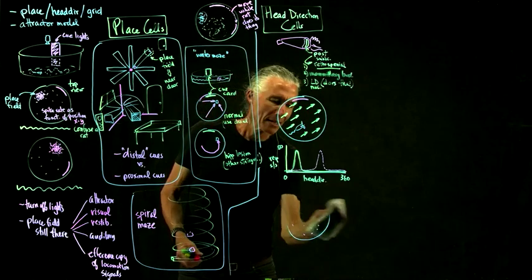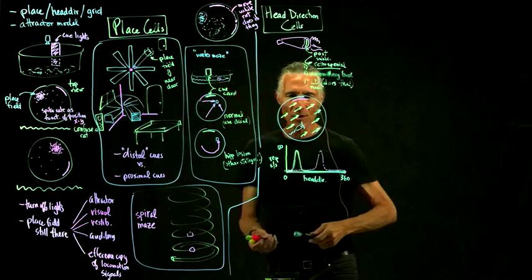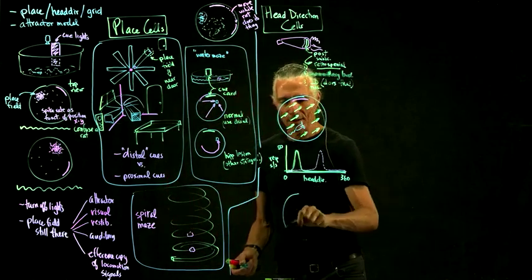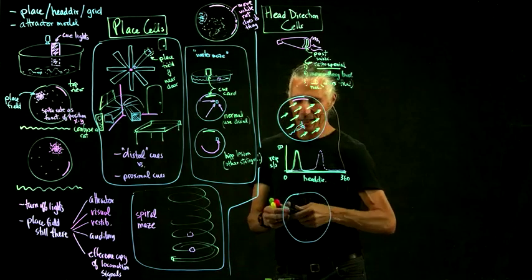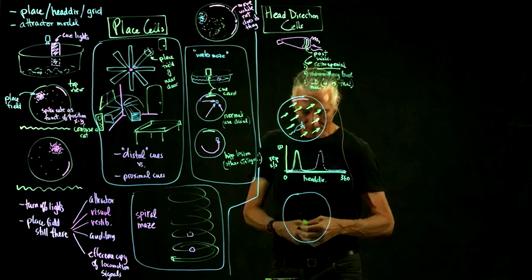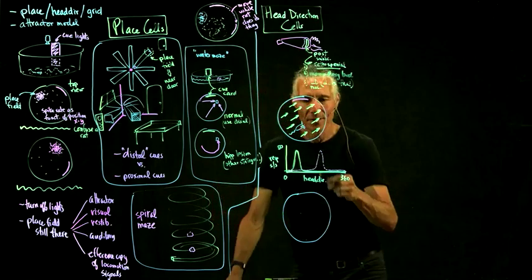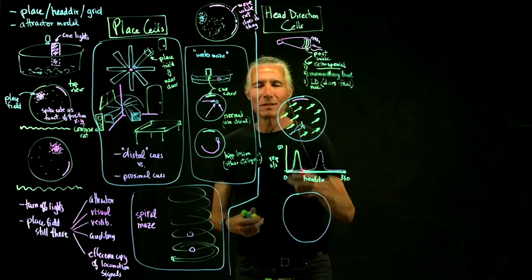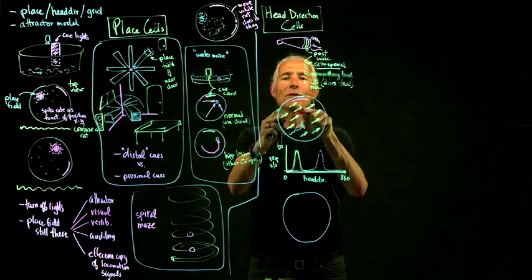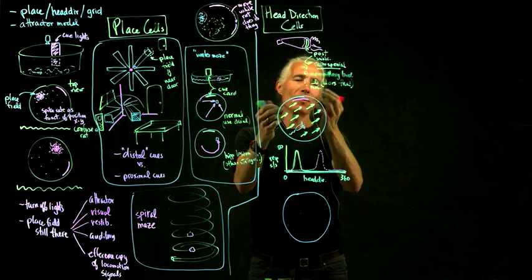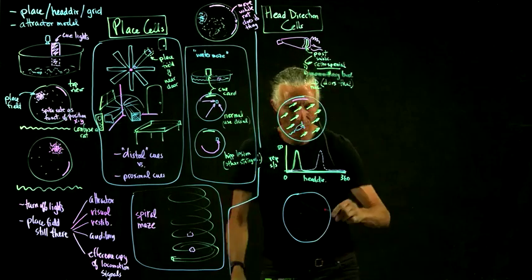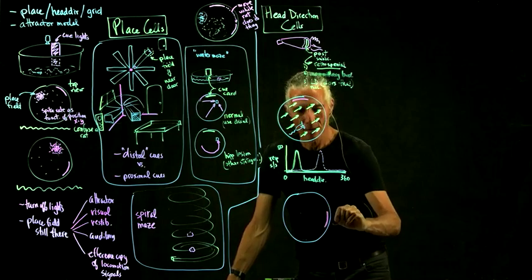But if you do that same kind of experiment where you just move the cue card, what happens? Well, the head direction just changes. If you put the rat in here, record for half an hour with the cue card there, pull the rat out, confuse the rat, stick it back in with the cue card over here, what happens?